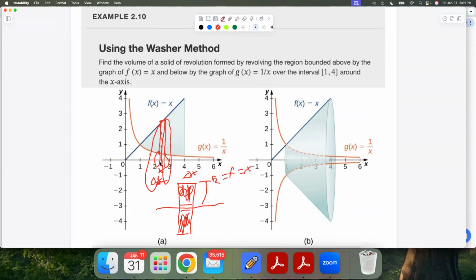At location x, my top is also x. And then my bottom, what I called R1, the inner radius, is g, and that has a height of 1 over x. So you pick an x value, that distance right there is 1 over x.